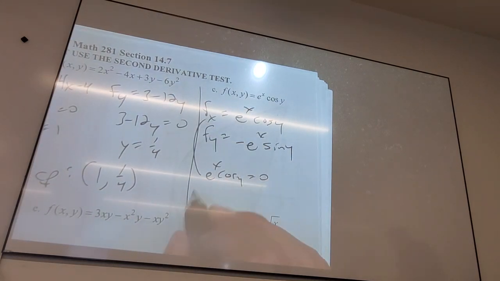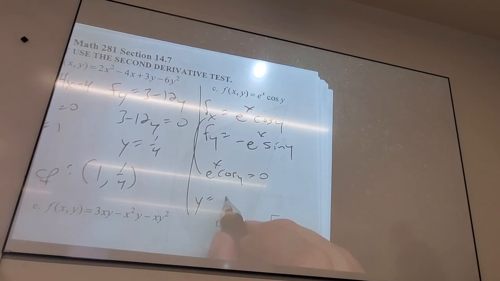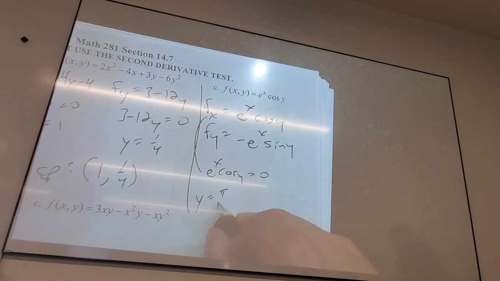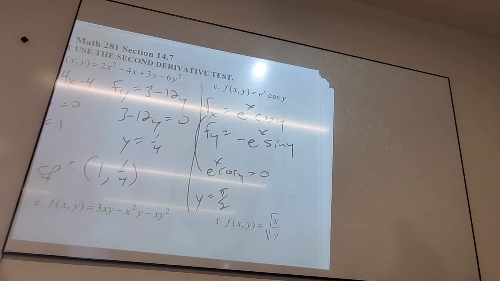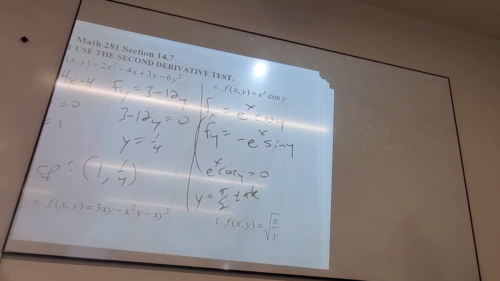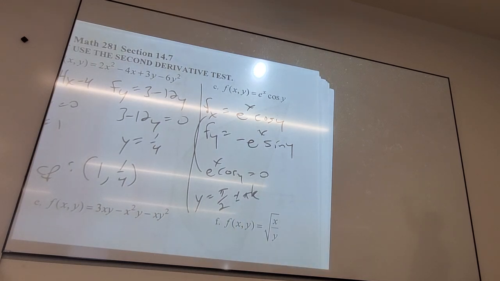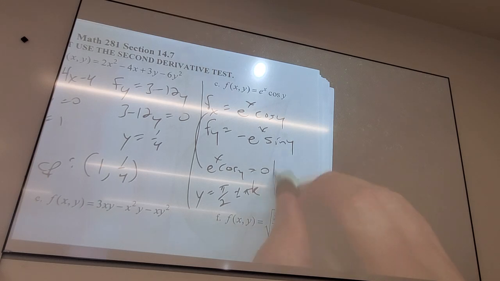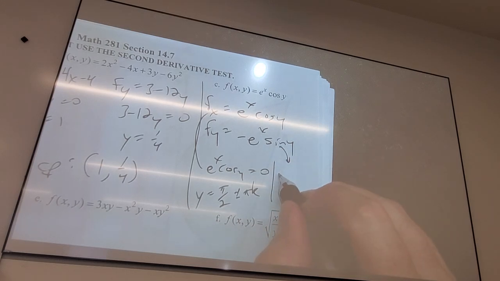Pi over 2 radians, plus or minus pi k. You guys remember that? I love it, right? Because of course there's an infinite number of things. What makes fy 0? Pi, or 0.